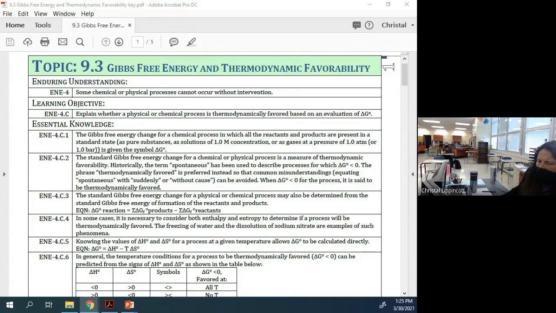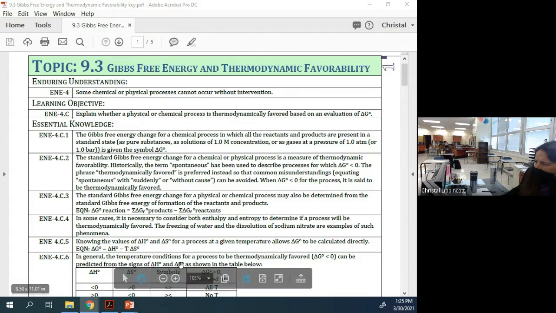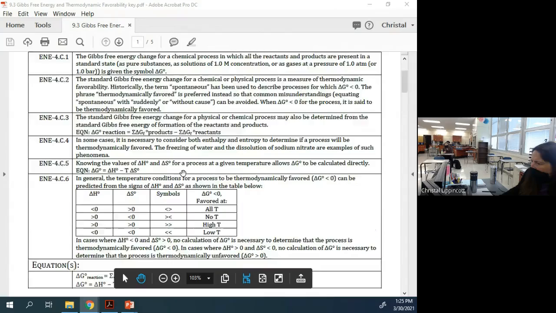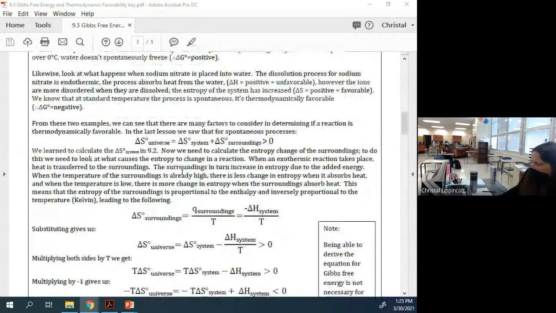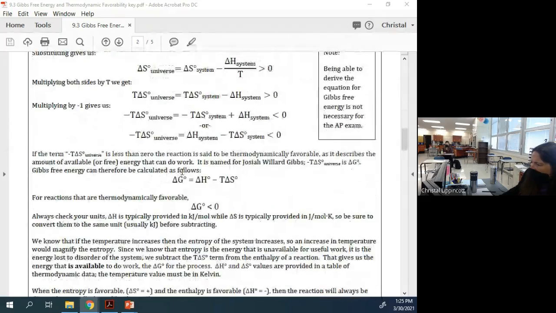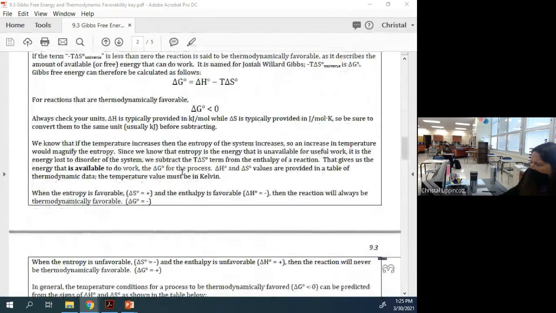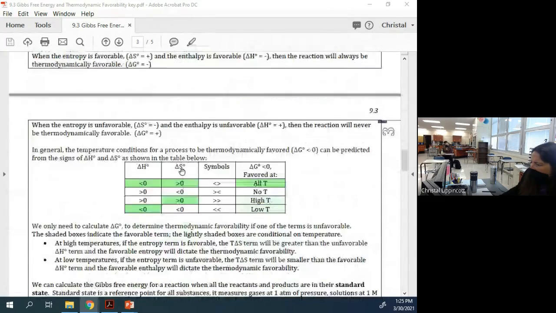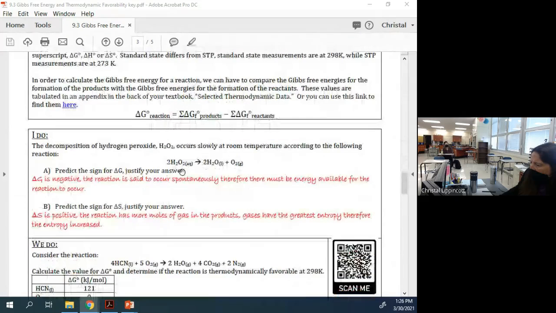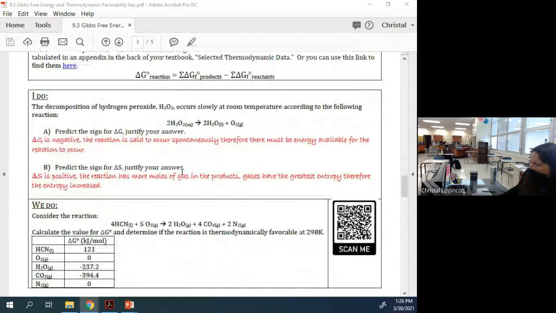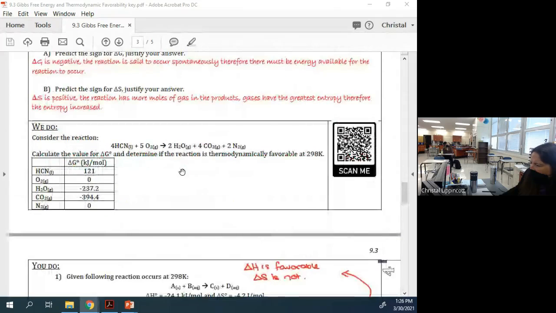And, oh, maybe we should do a couple sample problems on this. We didn't do any sample problems with Gibbs free energy, did we? That one would be easy for you guys to do.